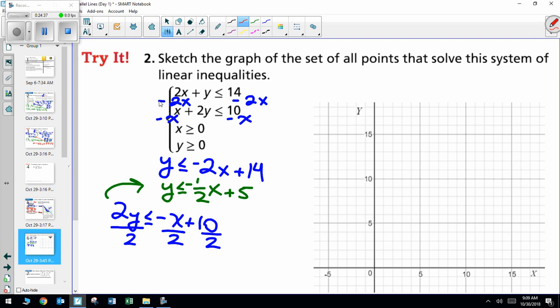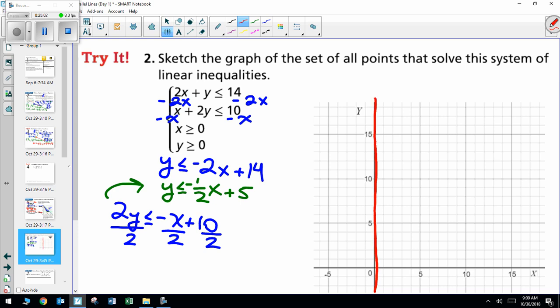So if I start with x is greater than or equal to 0, if you see x is equal to something, right, we said y equal to something was a straight horizontal line. So it's a vertical. So x equal to something is a vertical line. So x equal to 0 would be a line vertical when x is 0.